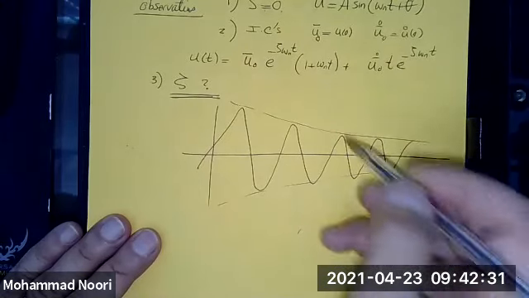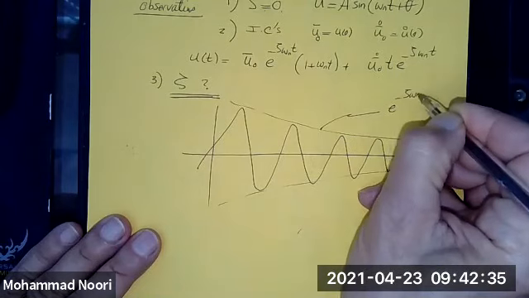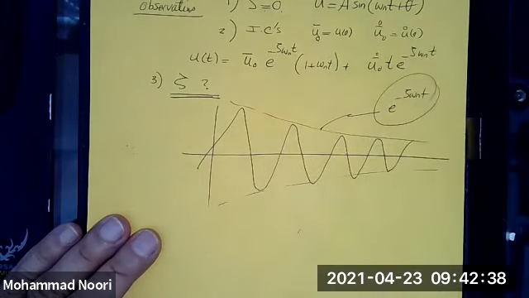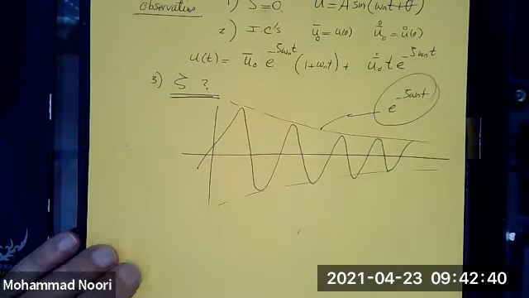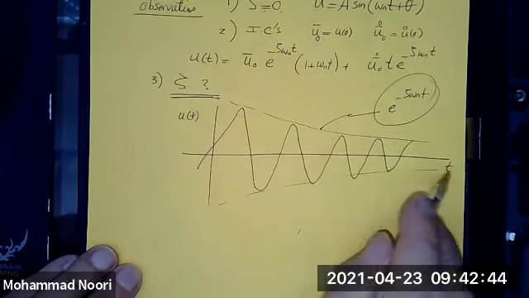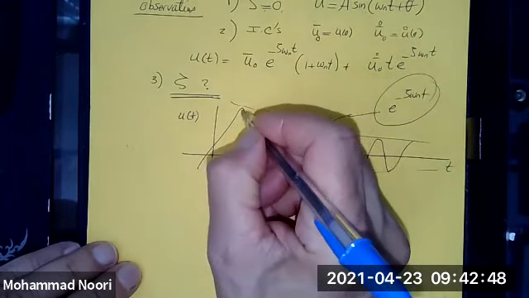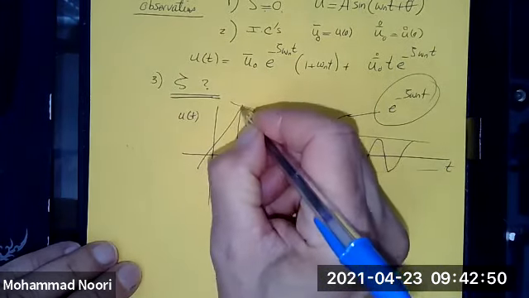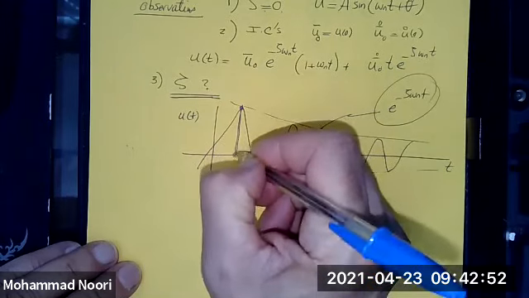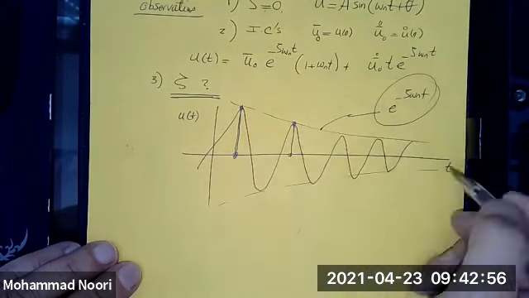which, as we said, is that exponentially decaying envelope. So let's look at this response, which is the time response of the system. What I will do is choose two consecutive peaks in this motion.